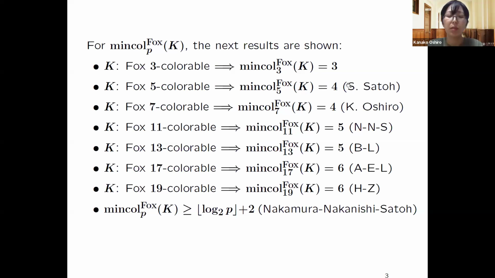So this means they don't depend on knots. And the last one is shown by Nakamura, Nakanishi, and Satoh. They gave the lower bound of the minimum number of Fox p-colors like this: the floor function of log base 2 of p, plus 2.